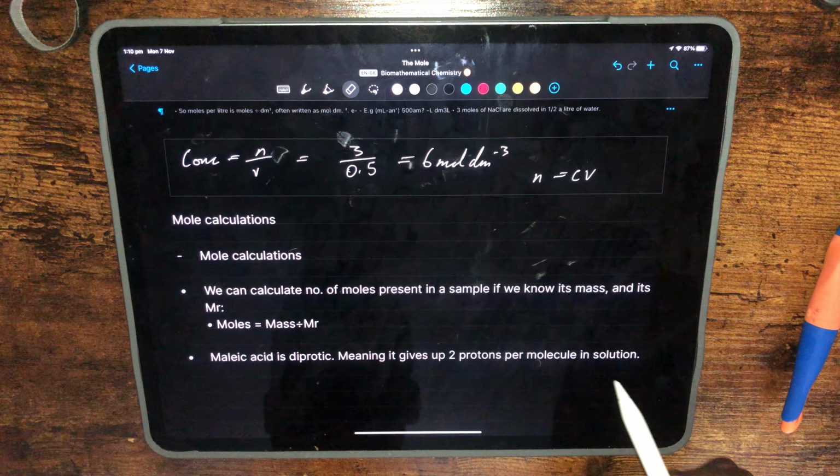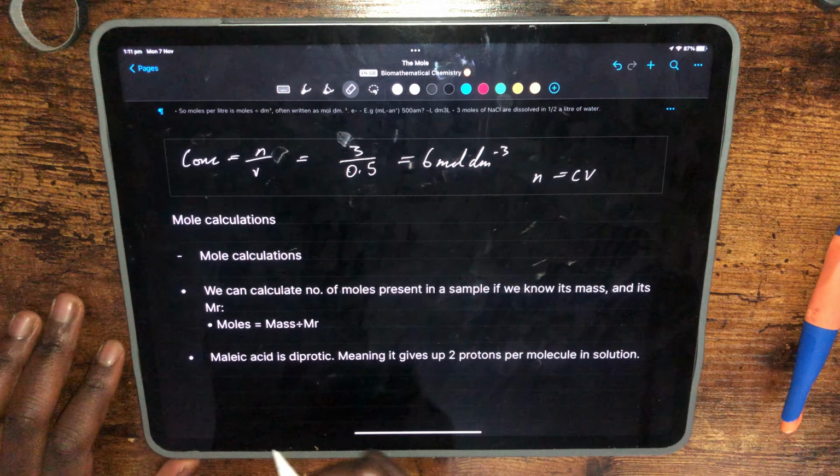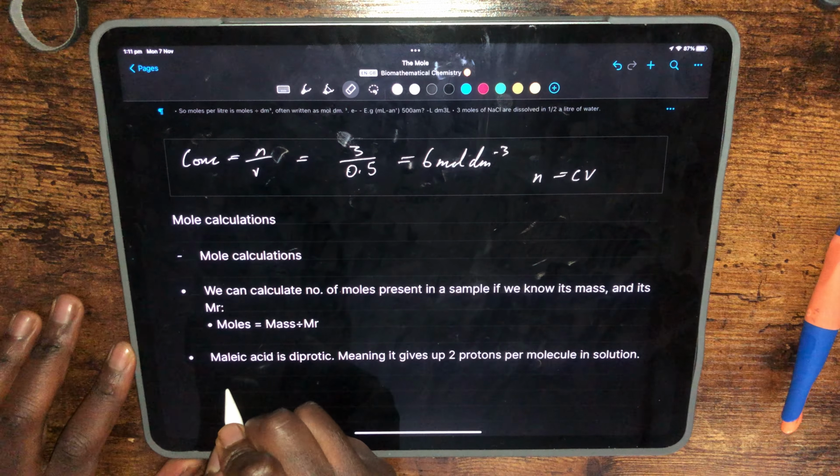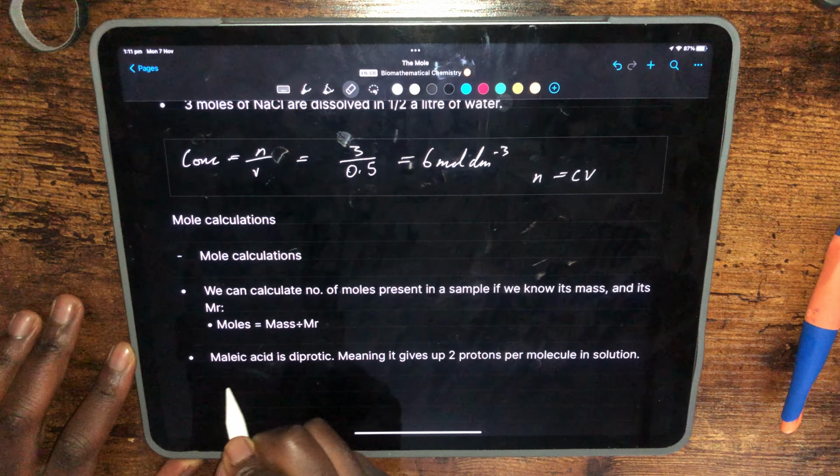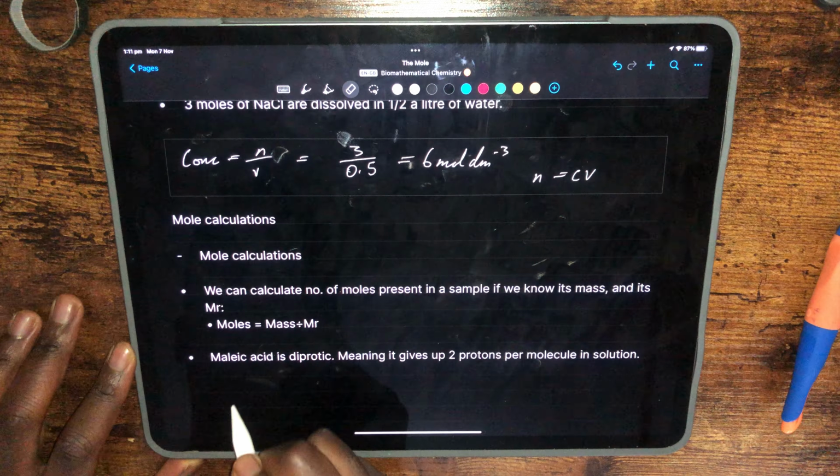So if I was working out the concentration of an acid, and it's diprotic, concentration is still moles over the volume, but it'll be 2 times, because we have 2 H pluses.